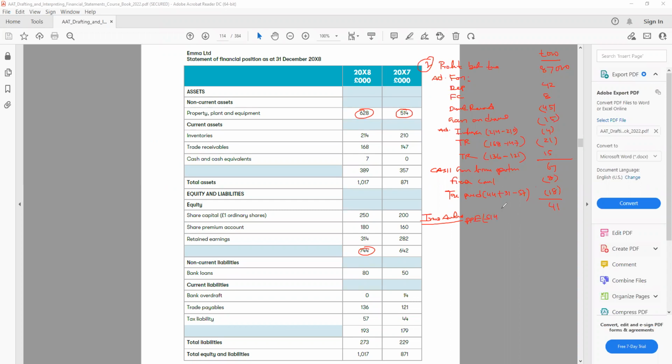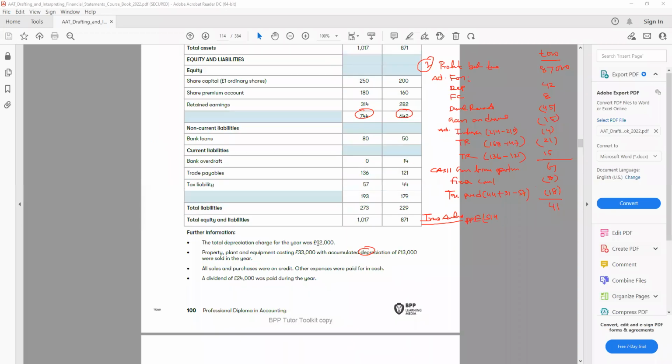And we need to look at, was any property or plant sold during the year? We need to see that, and also whether there is any depreciation. So you can see during the year we have a depreciation of 42. We take it out, the depreciation 42.